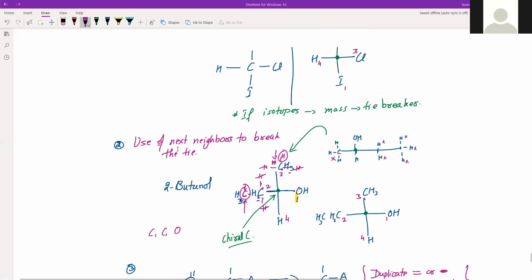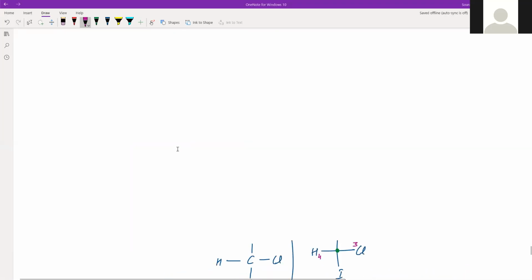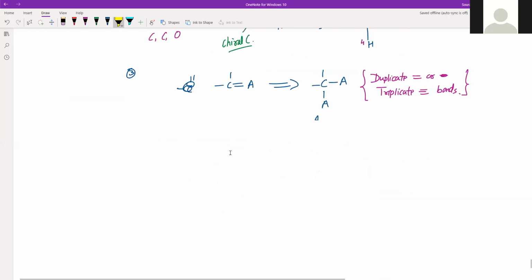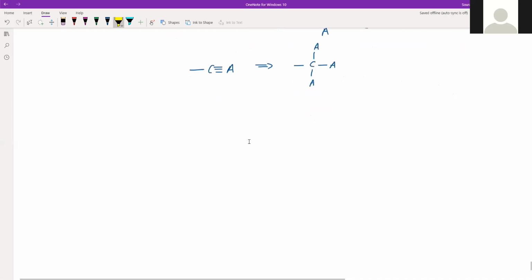In the first step, we are only doing the assignment of priorities. We haven't done much here, just assigning the priority. But that is actually the most important part of this, because after this, there is nothing much left.